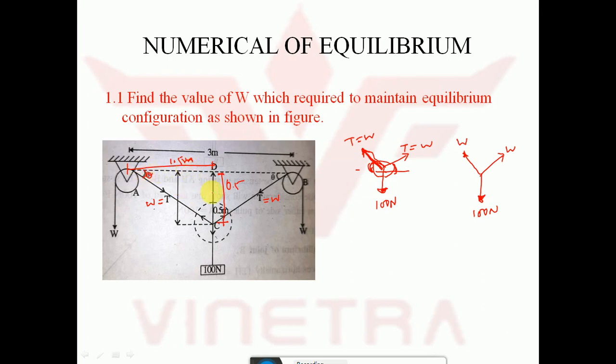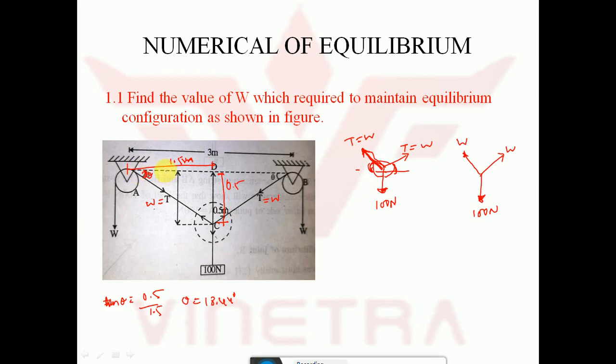I know the adjacent and I know the opposite. So I can apply tan theta equal to opposite divided by adjacent, that is 0.5 divided by 1.5. What is the value of theta here? So theta comes to be 18.44 degrees. So this is the angle theta.